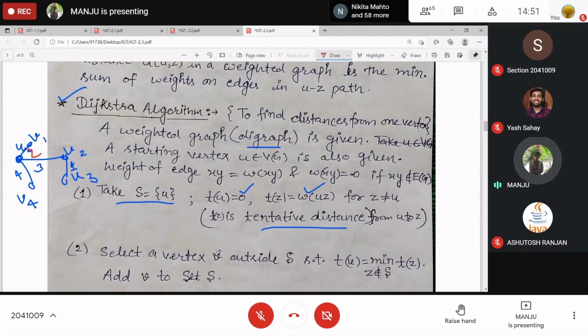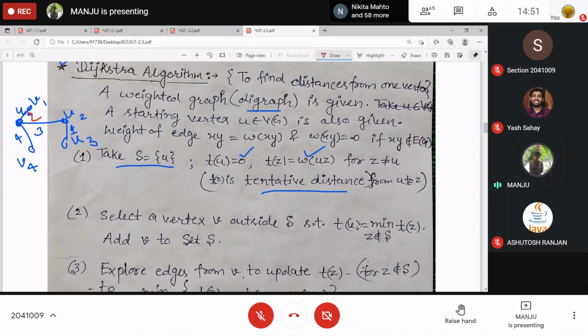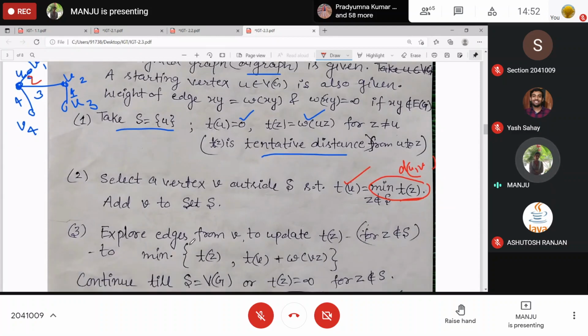So v1 now enters the set S. So take v as that point that contains the minimum tentative distance from u to z, and this minimum distance will be the distance from u to v1. So this minimum now becomes the distance from u to v, and this v is added to the set.